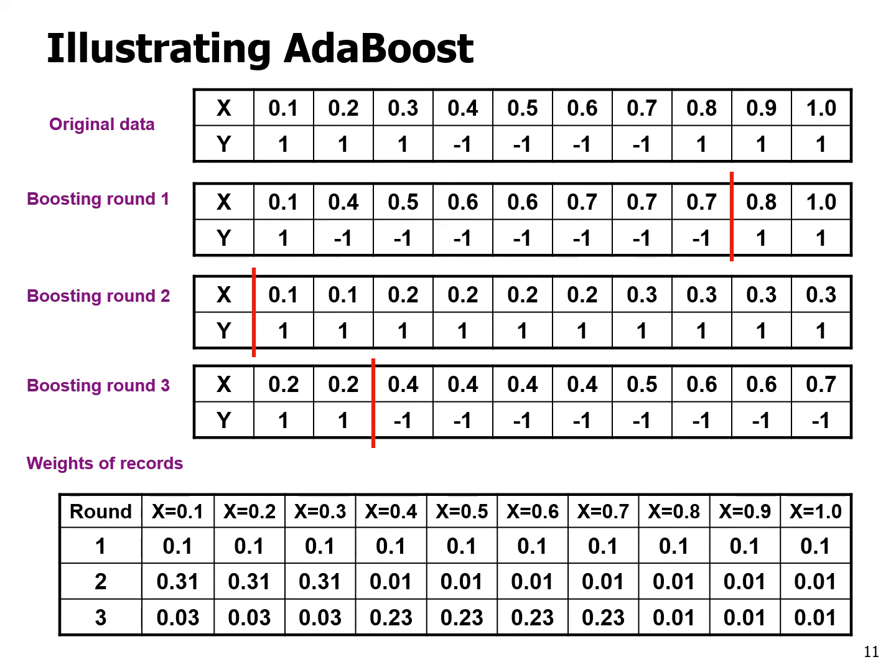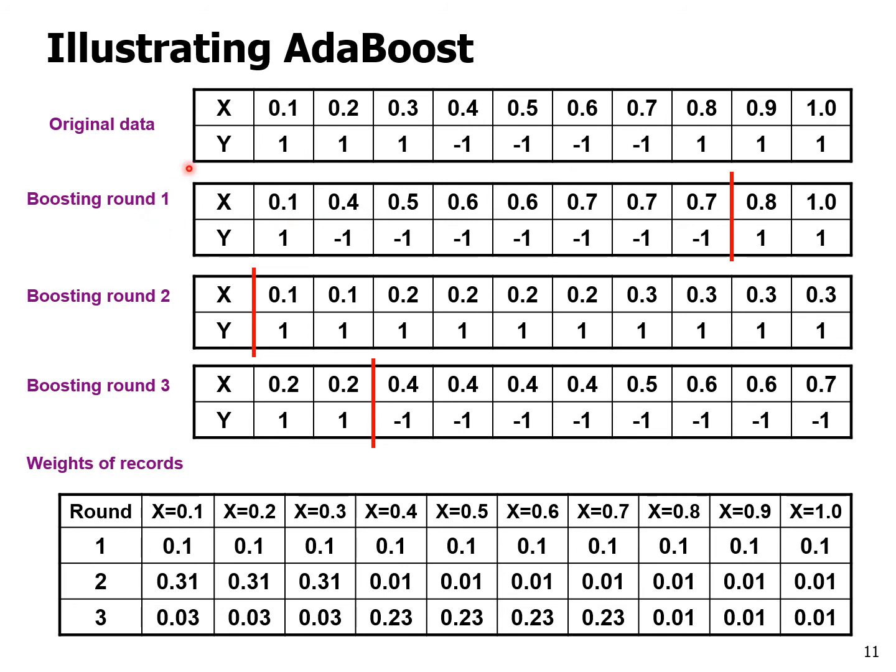Now let's see how the AdaBoost algorithm works using an example. Suppose we have 10 original data. It has an X value, and Y is the class label, which is binary, 1 or -1, like this.